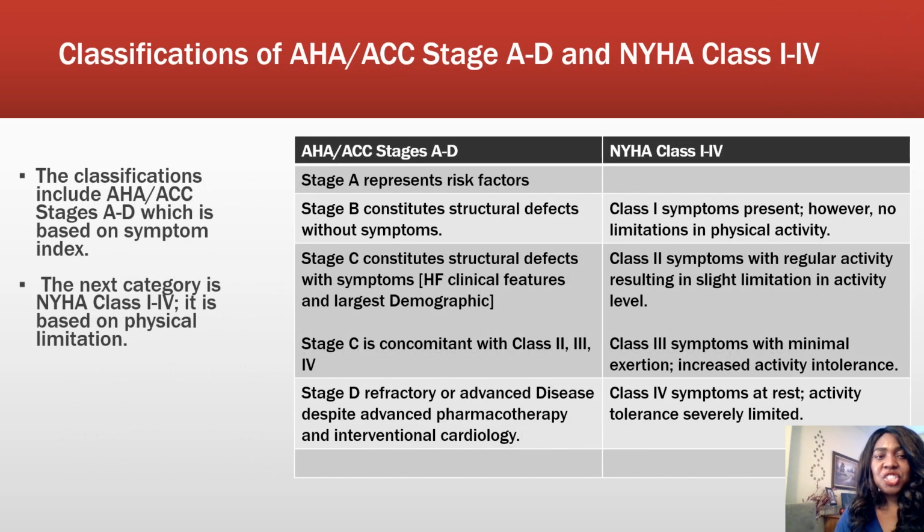Classifications of AHA/ACC stage A to D and NYHA class 1 to 4. This is more like a simplified approach with the classifications. Why are these classifications important? One, they can be used as a symptom index tool, a way for you to measure symptom severity in the clinical setting.